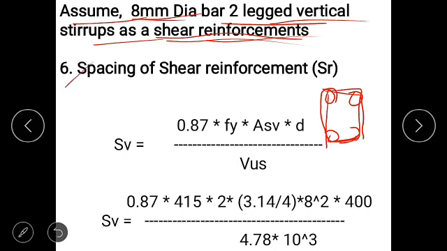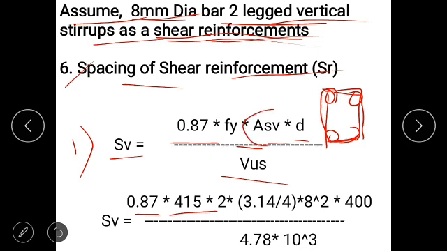In the next step, spacing of shear reinforcement, we have to calculate the spacing between these two reinforcements. SV, first, is 0.87 Fy into ASV into D divided by VUS. So 0.87 Fy is 415. What is ASV? ASV is the area of the vertical legged bar.